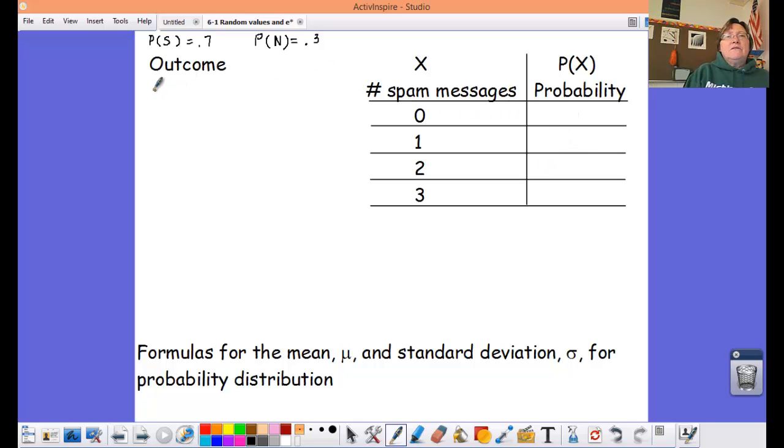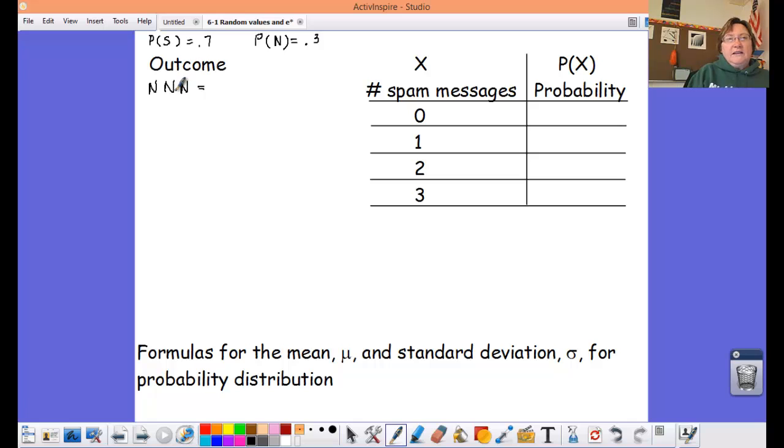So let's start thinking about those outcomes. It's possible that we got no spam messages in our 3, which would be unusual but possible. So that would mean that on the first email we did not get spam, and on the second we did not get spam, and on the third we did not get spam. If you heard all the ands in there, you'll remember that this should be a multiplication.